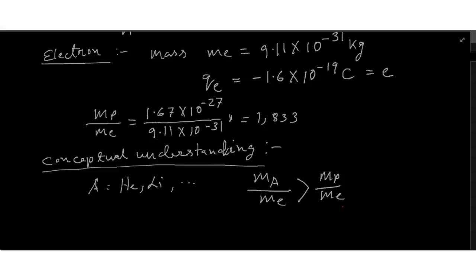Remember that hydrogen is the lightest of all elements, which means that for any other element, starting with helium, lithium and so on, the ratio of the mass of the nucleus to the mass of an electron will be even larger.